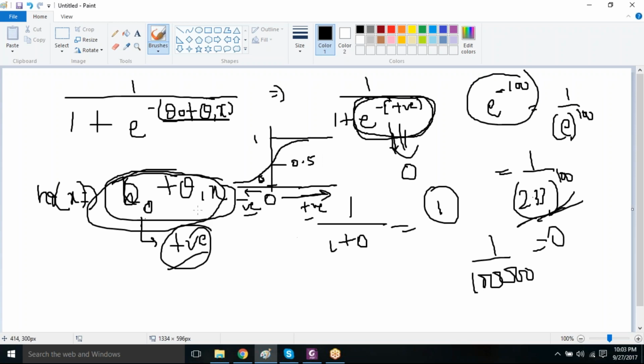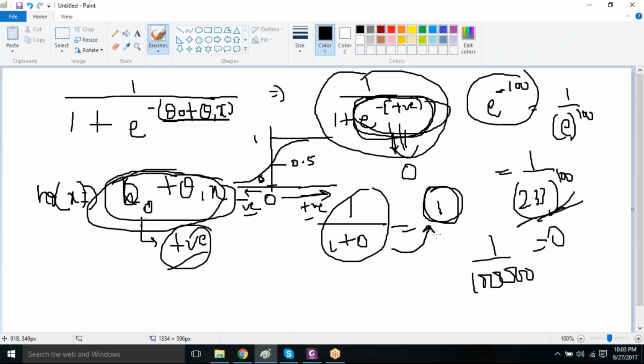So if it is a very large number, the value of this sigmoid function will become 1. That means it will correspond to 1 on the y-axis. Understood?